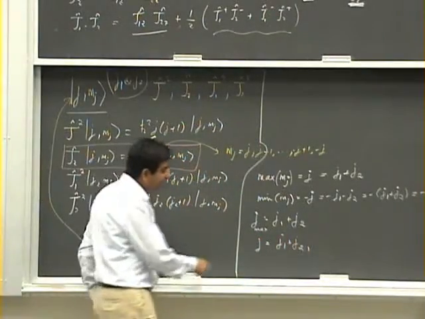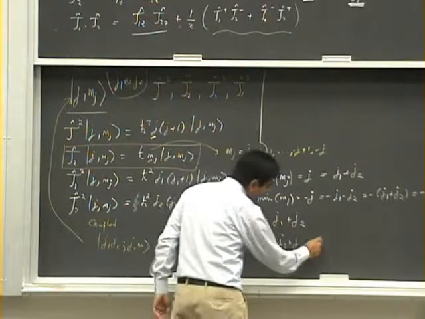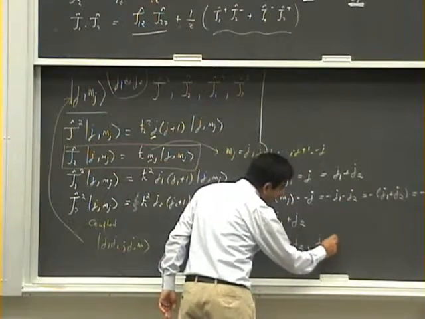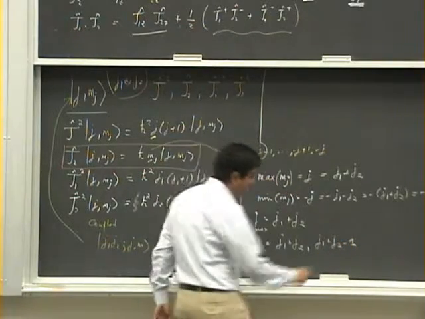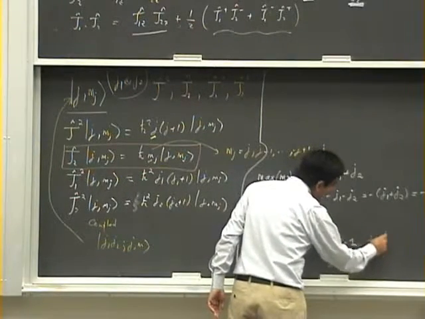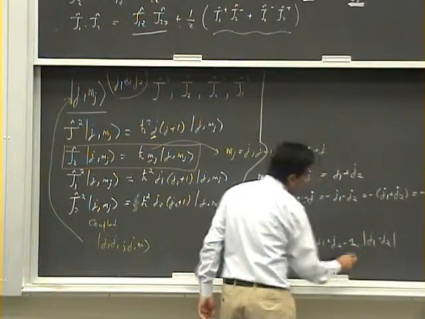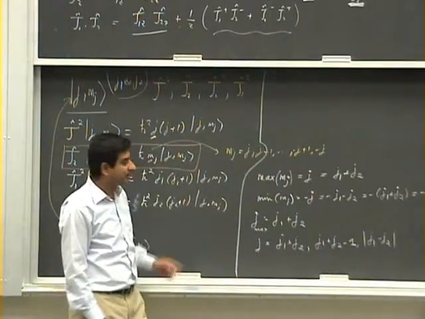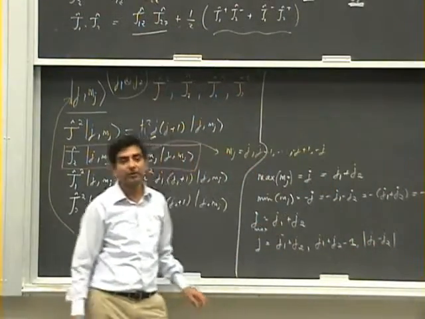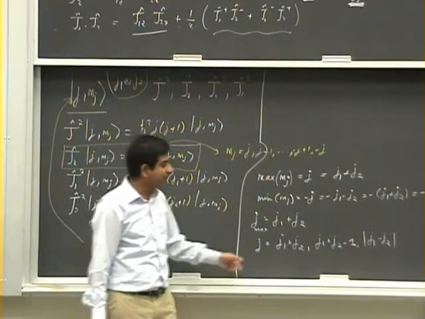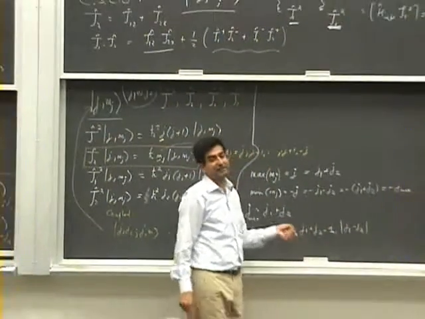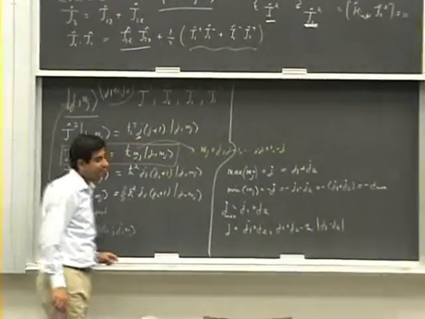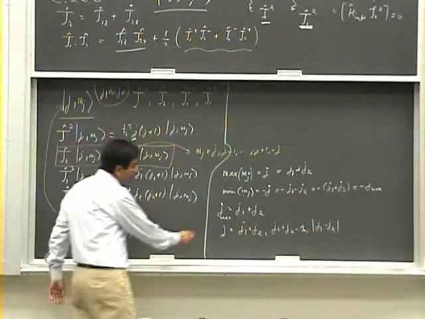So the possible values of j are j1 plus j2, j1 plus j2 minus 1, and all the way down to the modulus of j1 minus j2, because the total angular momentum quantum number cannot be negative. So if j1 is greater than j2, I take j1 minus j2. If j2 is greater than j1, I take j2 minus j1. So these are the possible values of j.